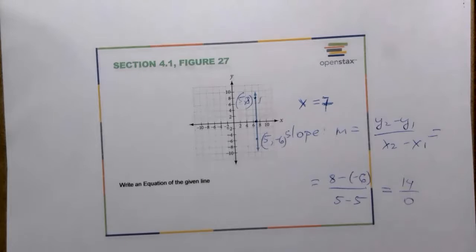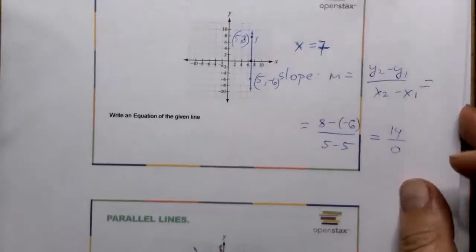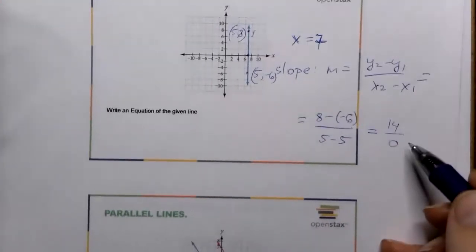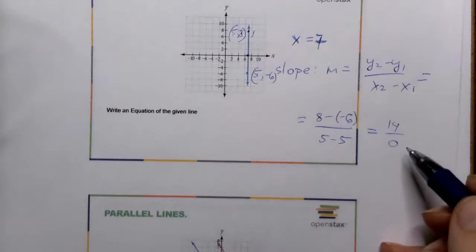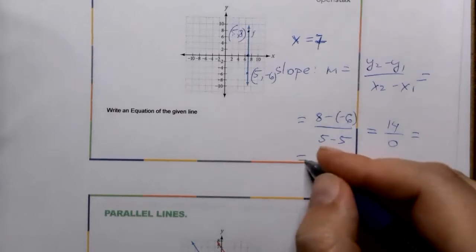And what's 14 over 0? I'll give you a second to think about it. And I hope that you answered that division by 0 is undefined. It's not a 0. It's not a 1. It's undefined.